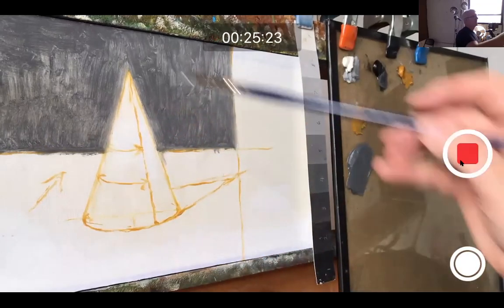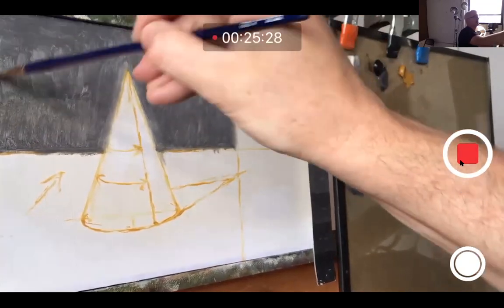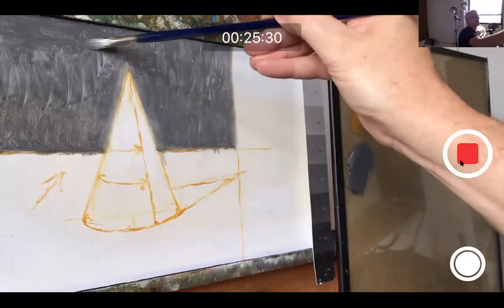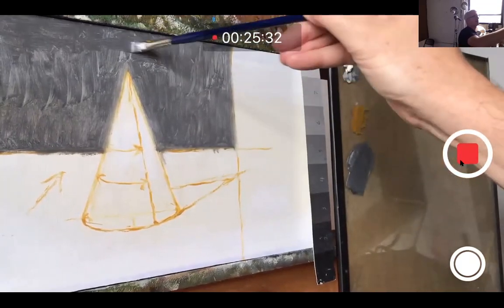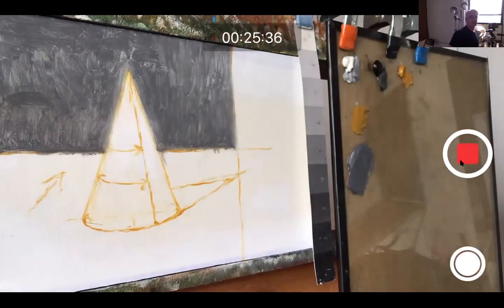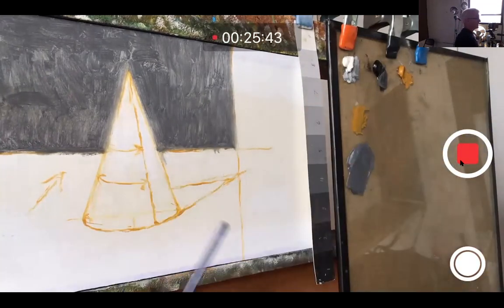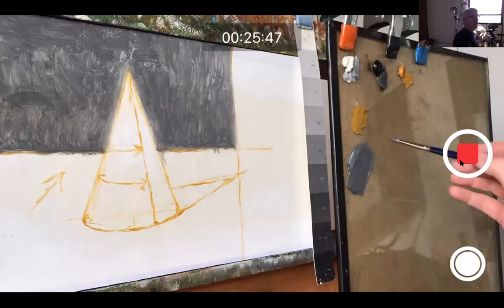So I've blocked in roughly the background. For some reason on the screen that you're all looking at, that looks a little bit more brushy than it is. Now you can't look at the setup exactly that I'm looking at, but I think you can see it in the image I sent.